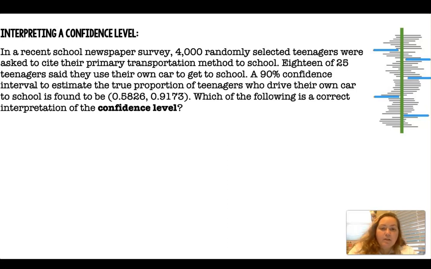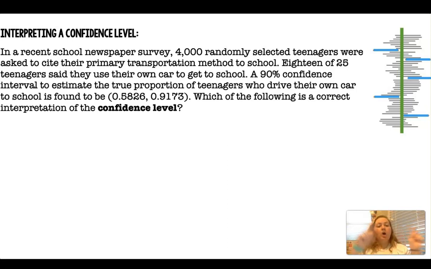So interpreting the confidence level is a little bit different than interpreting the confidence interval. The confidence level is saying that if I did a confidence interval many, many times, 90%, because it was a 90% confidence interval, 90% of my intervals would capture the true proportion. In my picture here, that green bar is the true proportion.